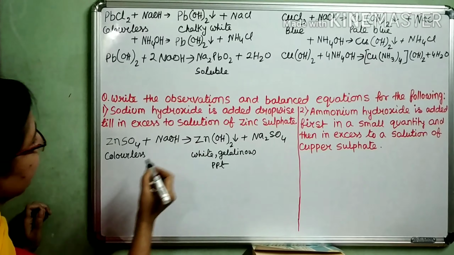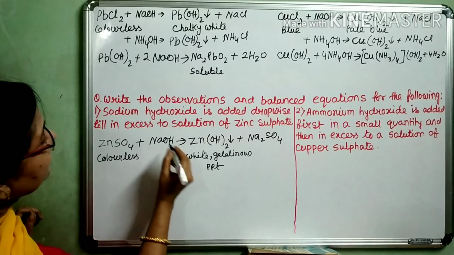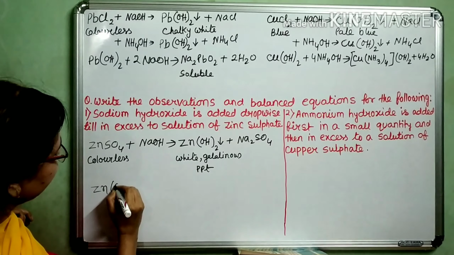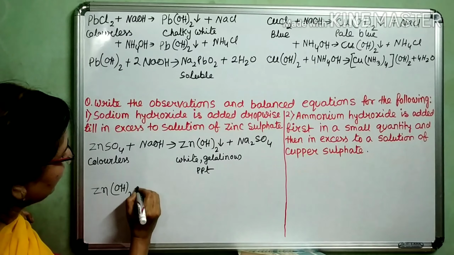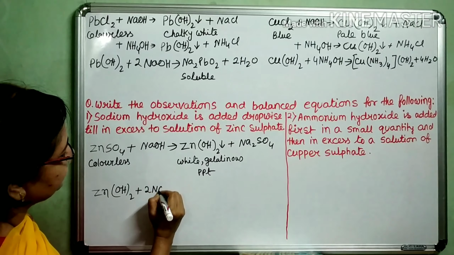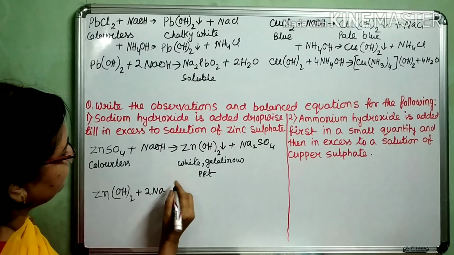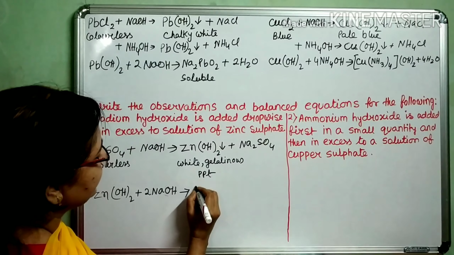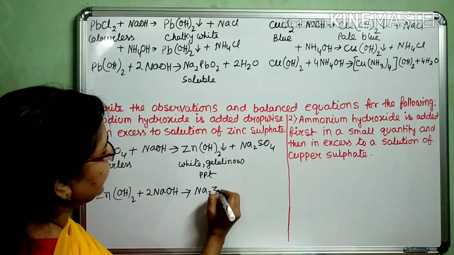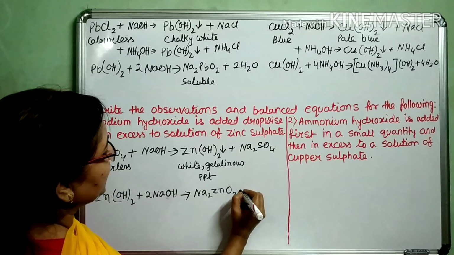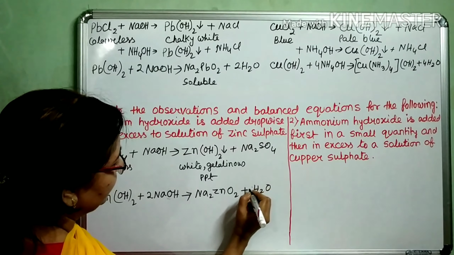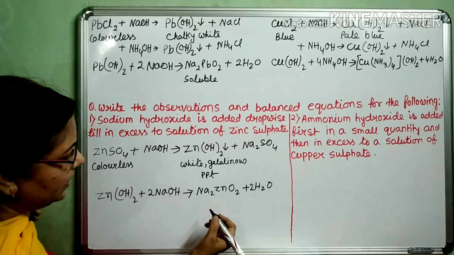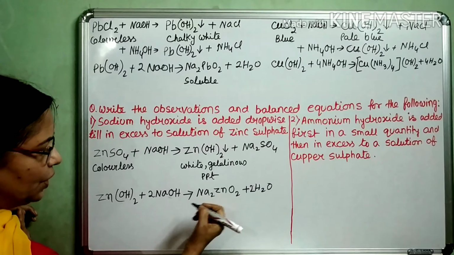But when excess sodium hydroxide is added, then Zn(OH)2 plus excess NaOH gives sodium zincate, Na2ZnO2, plus H2O. It is a colorless clear solution. This means a soluble clear solution is formed.